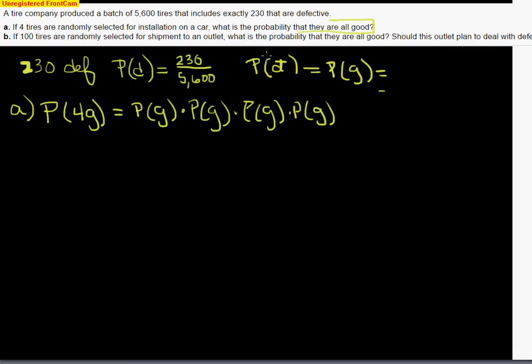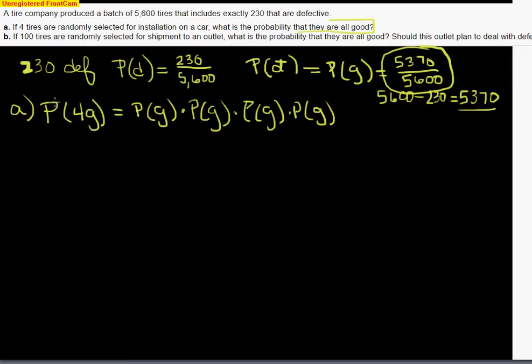We can take 5,600 and subtract off that 230, and that equals the 5,370 remaining tires that will be good. So the probability of choosing a good tire will be that 5,370 over the total 5,600. So that's actually the probability we need right here, the probability of a good tire.